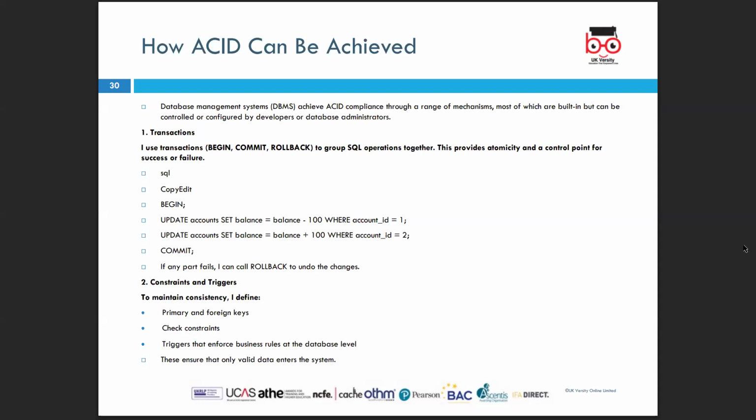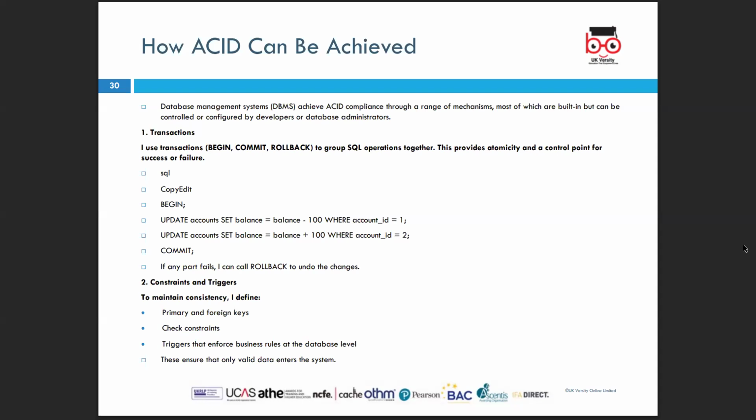So when it comes to transactions, we use transaction control, which goes with begin, commit, and rollback to group SQL operations together. This will now provide atomicity and the control point for success or failure.